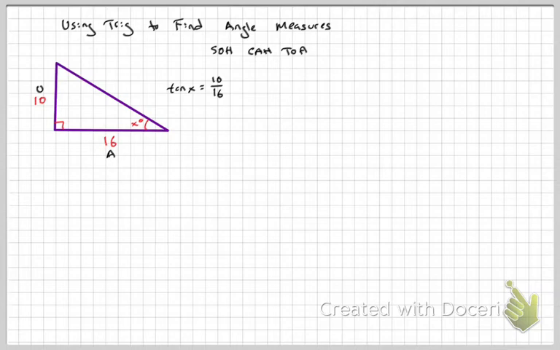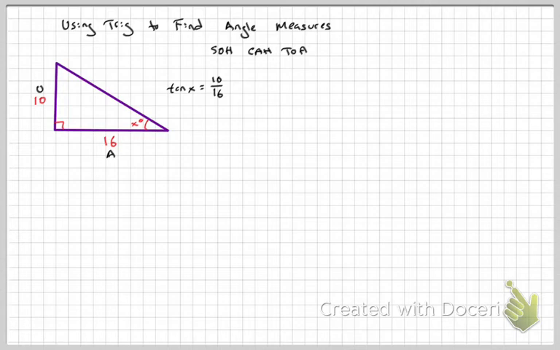And now here's where this gets different compared to what we've done before. Normally we're just using the normal trig function, and we're taking the tangent of an angle. We're either multiplying it by a side length, or we're dividing a side length, right? Here's where you have to use what we call the inverse trig function, because this value right here is a decimal. 10 divided by 16 is going to be some decimal value. Now, that decimal value is associated with some degree measure within the tangent function.